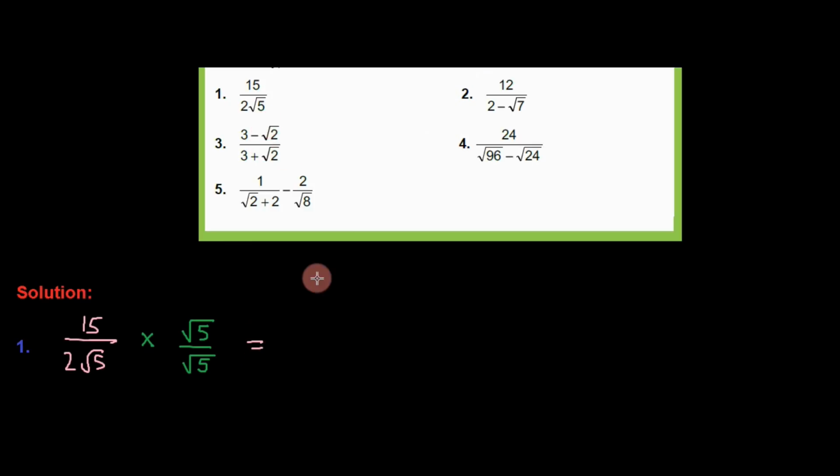So then multiplying the numerators, we get 15 times root 5. And in the denominator, we get 2 times root 5 times root 5, which is 5. The 5 can go into the 15 thrice, and we're left with 3 times root 5 over 2.